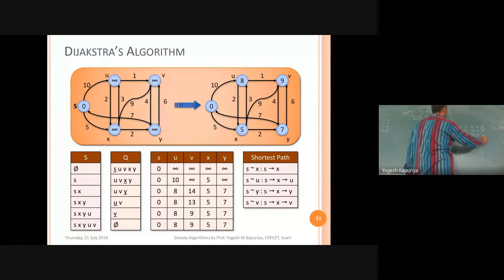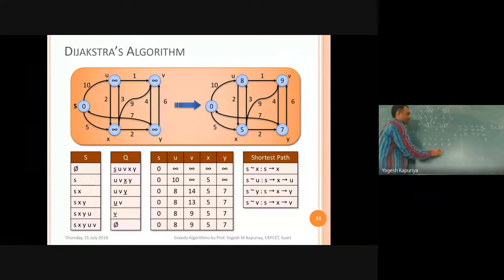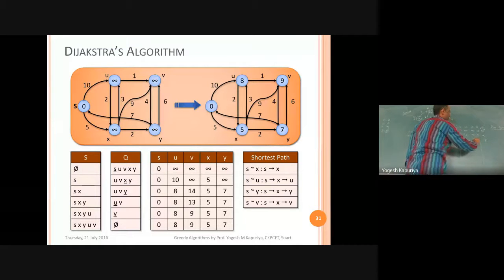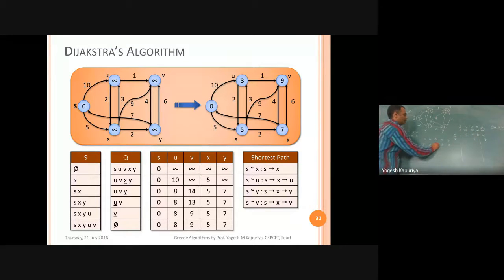So this will be changed to 7, and the parent will be changed to X. Next is between X and B. Weight is 9, and X is 5, so 5 plus 9, 14, less than infinity. So 14, and X.